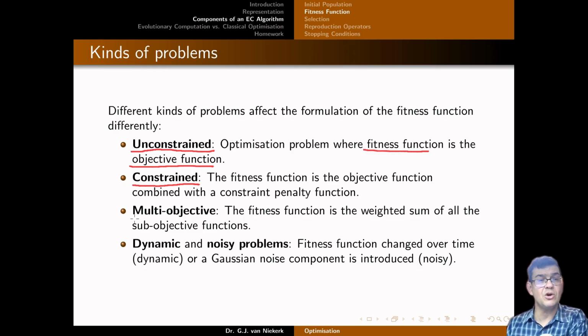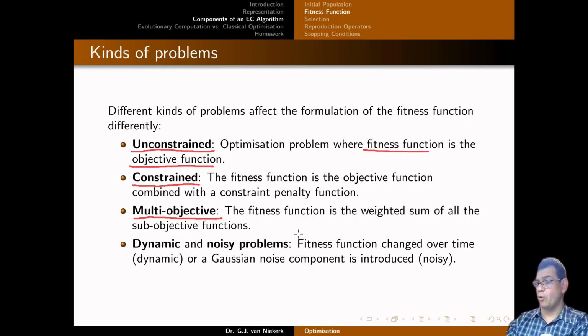Then a multi-objective problem. This is where you've got multiple objectives that need to be solved. A good example of that is, let's say you've got an EA that plays soccer. You've got a team of players and they need to score goals. Because this is a complex problem, you might combine all the objectives of the agents into sub-objectives. In other words, control of the ball. Don't let the enemy team get access to the ball.